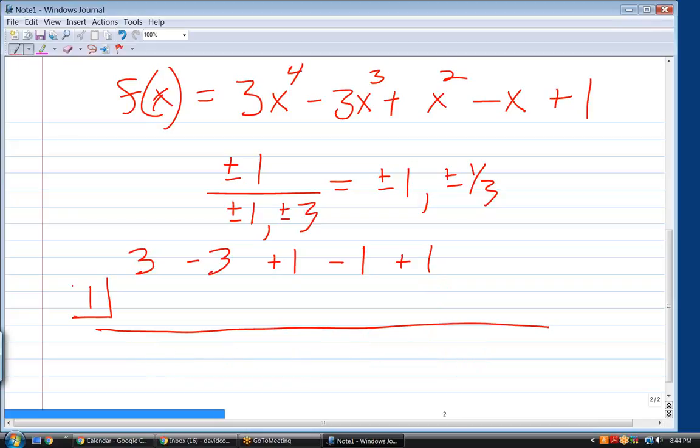Let's try minus 1. Wait, but what about, is rational factor and rational 0 the same thing? Not really. There's two theorems. There's the rational factor theorem, which is this one here.